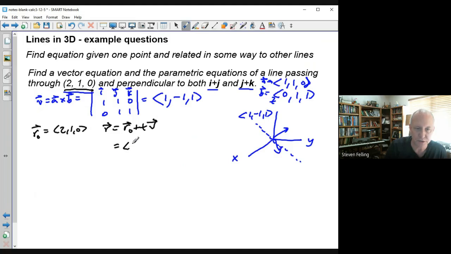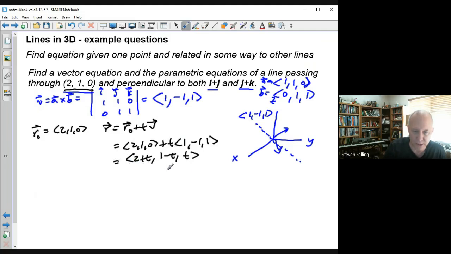And so that's going to be 2, 1, 0 plus the parameter times some amount of motion along this direction. And so we could write that as 2 plus t for the x component, 1 minus t for the y component, and 0 plus t, so just t for the z component. So this would be the vector form.